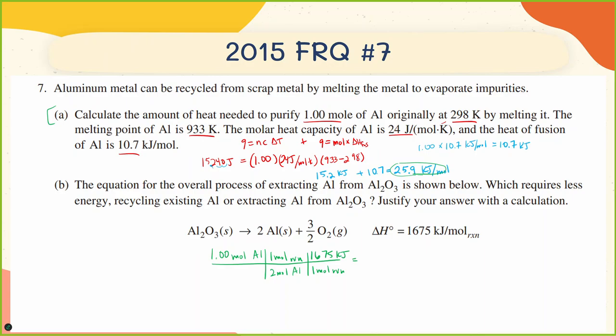So 1675 basically divided by 2. So this is going to be like 838 kilojoules. So obviously that's per mole of aluminum. So the one that obviously is going to take less energy is the recycling process, is what we're going with there for that one. That's a classic one.